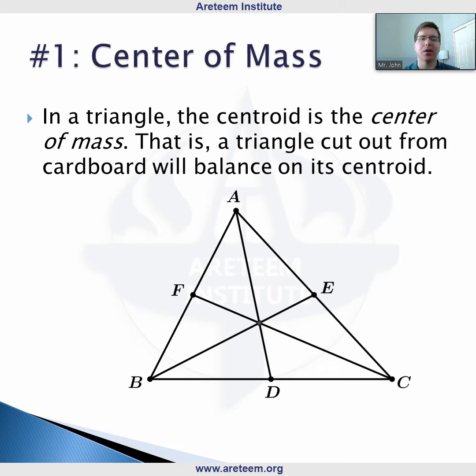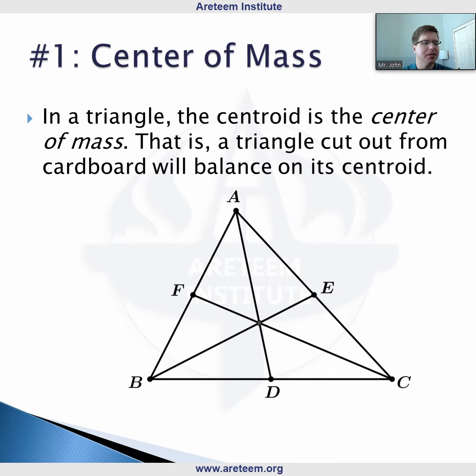So that is where a real center comes out of this centroid. If we cut out this triangle on a piece of paper and we wanted to balance it, that centroid would be the exact point we would want to balance that triangle on. So this could change based on the shape of the triangle, things like that as well. So that's one of the key pieces of information, one of the real world applications of the centroid.